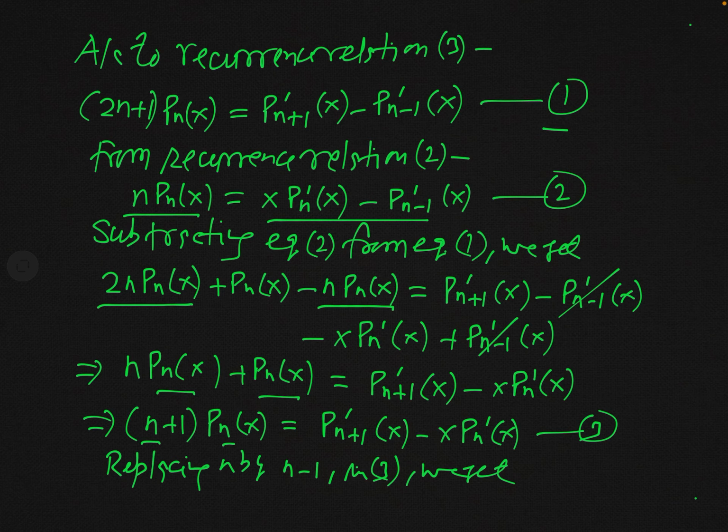So what will be the term in LHS? You can see there will be n minus 1 plus 1 into Pn of x, but now we will write n minus 1 at the place of n. So Pn minus 1 of x.